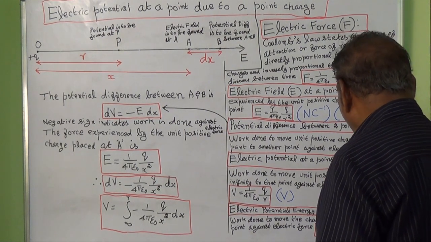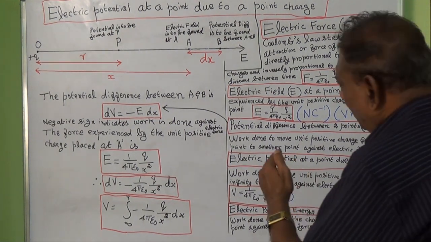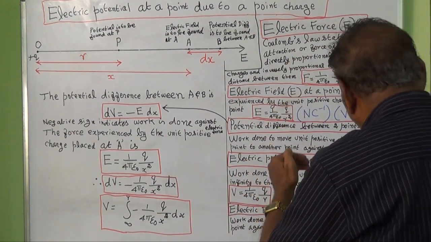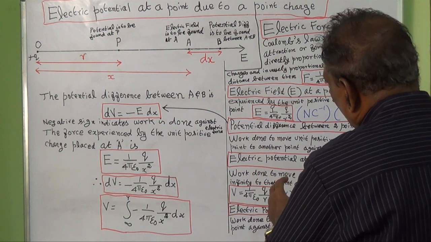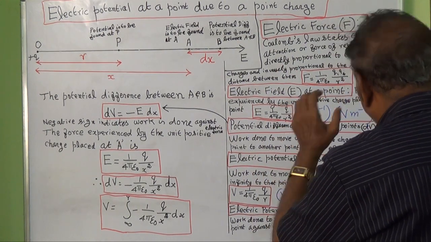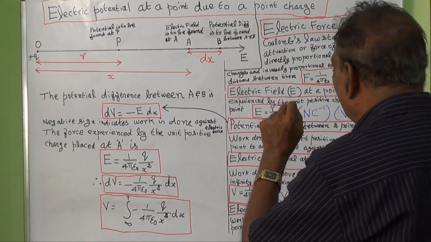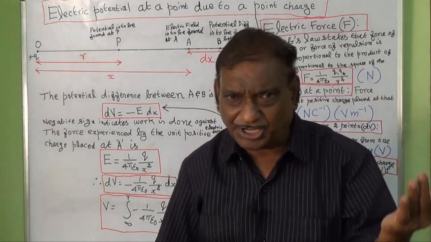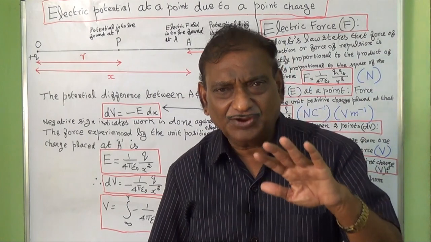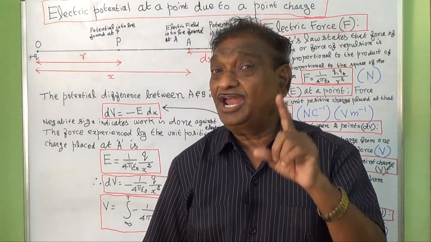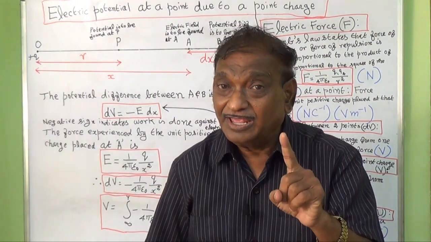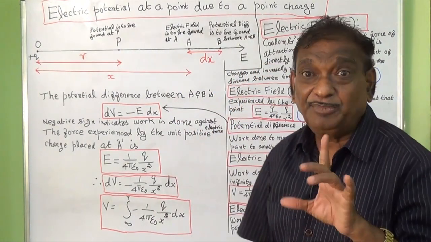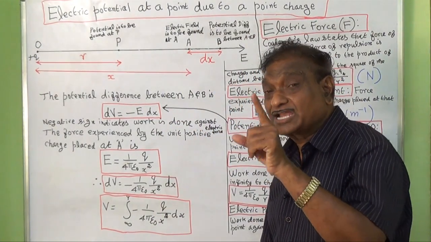Q1 Q2 by R. What difference have we observed in these 5 formulae? In the case of the force, whether it may be electric force or electric field, in the denominator R square has come.